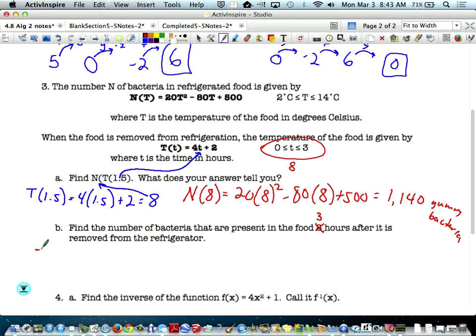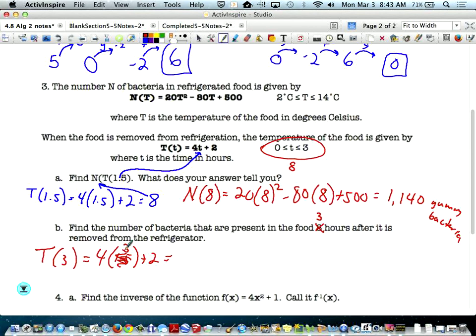All right, so what is the temperature after 3 hours? What did I just do? Why did I do 1.5?